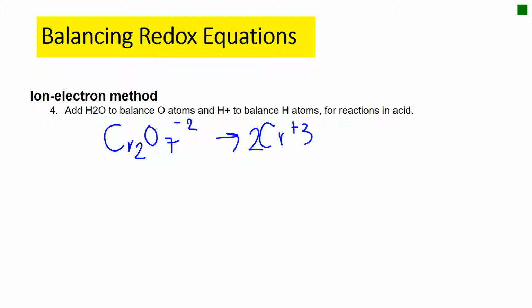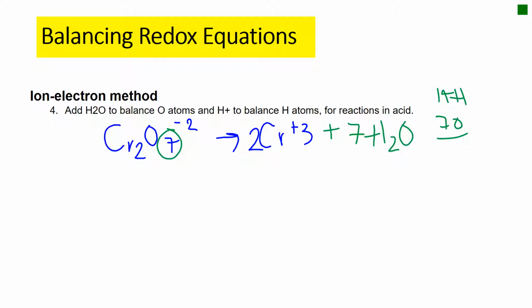This was our previous equation, and it's telling us to add water to balance out the oxygen atoms, and here we have 7 oxygens, so we are going to add 7 oxygens on the right to balance out the ones that are on the left. So we're going to add plus 7H2O, and this is going to be equal to 14 hydrogens and 7 oxygens, 7 over here and 7 over here.